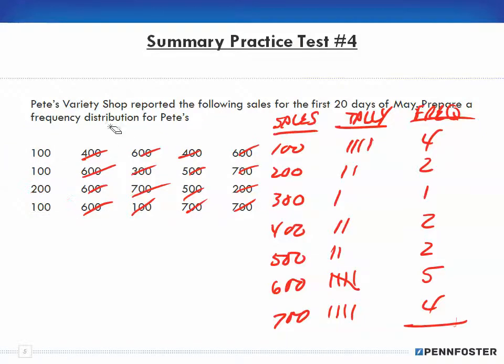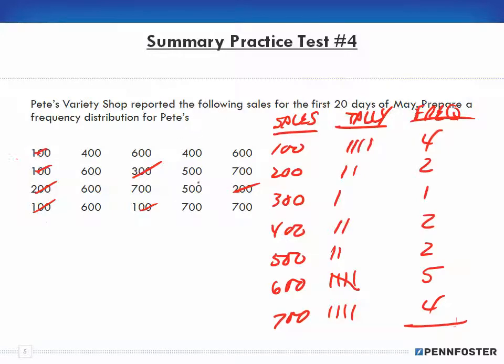Would I have done it that way? I mean, that's one way of doing it, but I could have just as easily said, okay, 100, I've got 1, 2, 3, 4, and I would have made my frequency 4. Then I would have said 200, okay, I've got 1 here, and I would have made it 2. 300, I'm looking for 3s, there's 300. Nope, there's 2 200s.